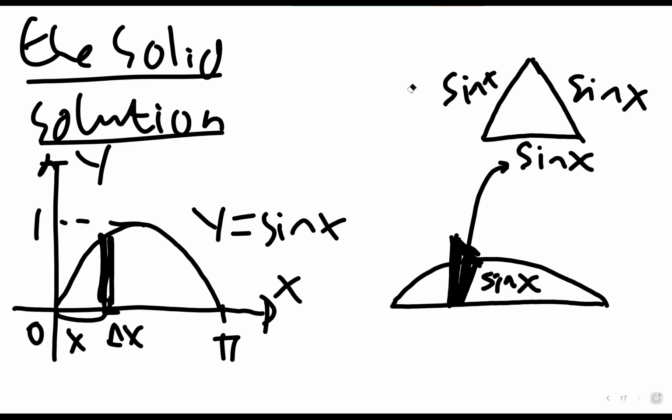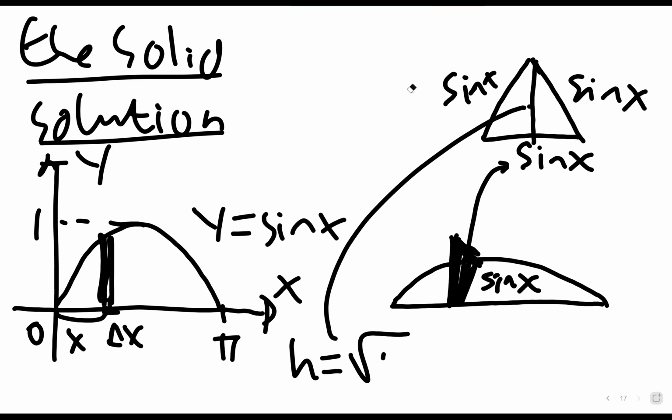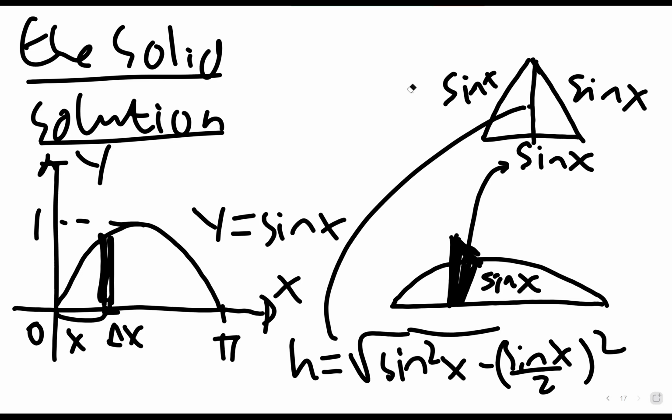Then calculate the area. By the Pythagorean formula, the height will be the square root of sine x squared minus sine x over 2 squared.